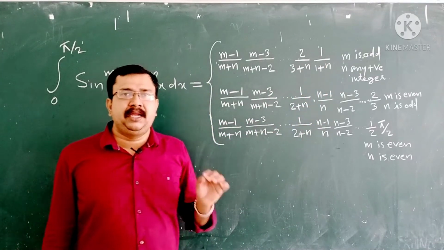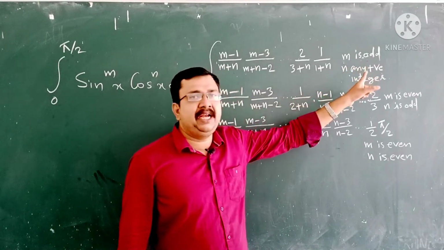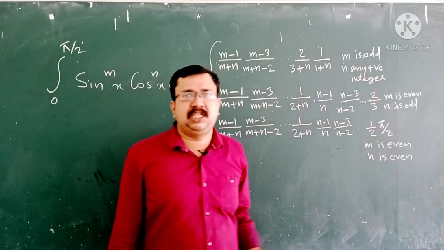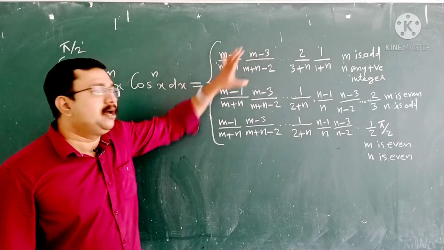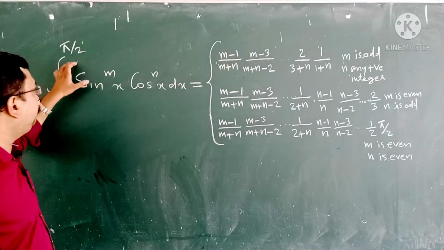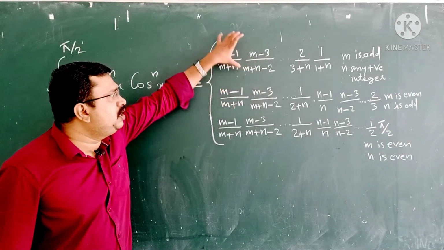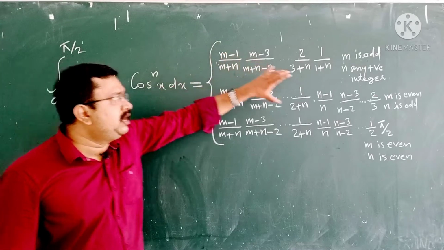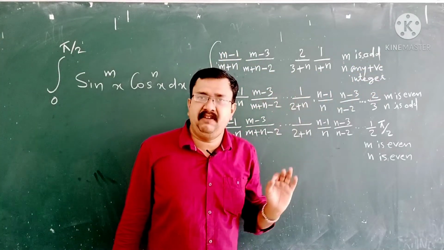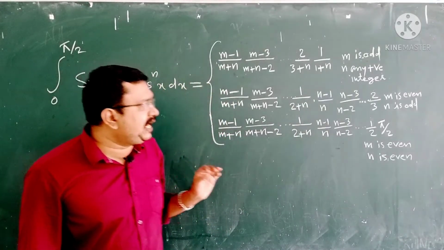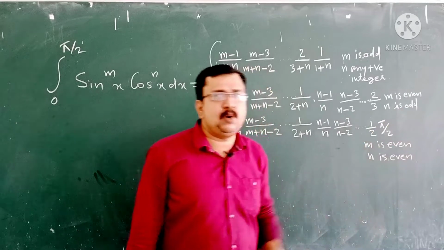Remember that our condition is m is odd and n is any positive integer, then we may take this result. The first case is this one. The second case is m is even, n is odd.